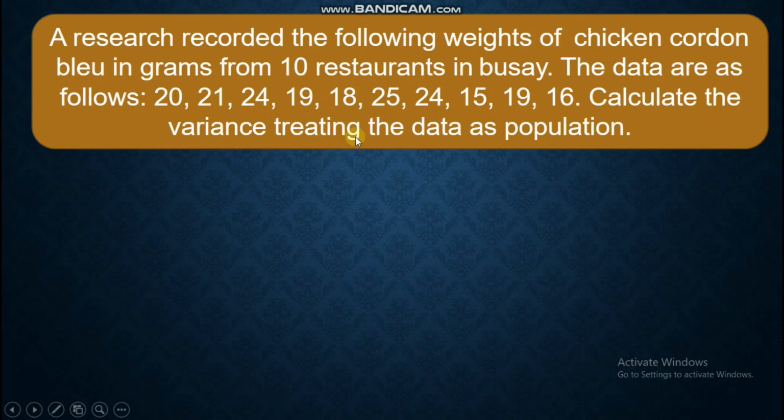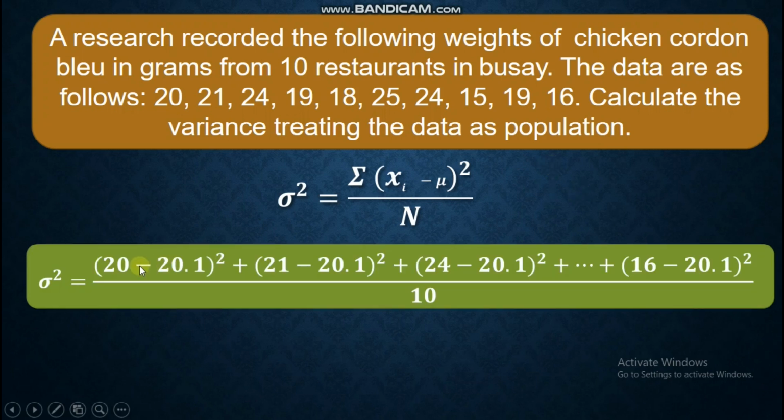Calculate the variance treating the data as population. Since our data is a population, we will use this equation. And we will substitute now our given data, 20, 21, 24, 16.